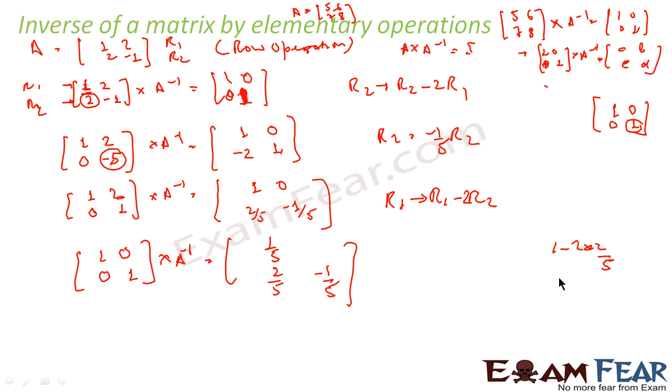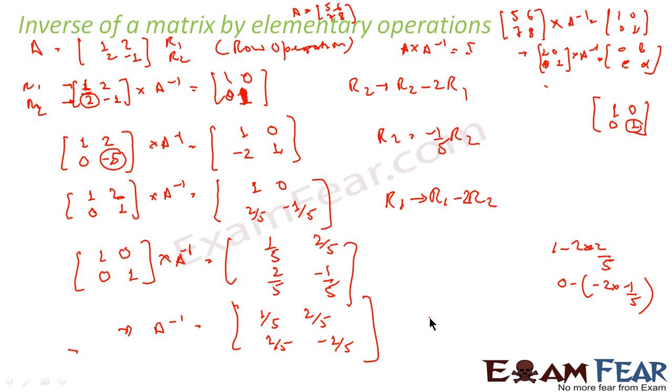Similarly, this guy becomes 0 minus 2 into minus 1 by 5, so that becomes 2 by 5. So that means what I get is A inverse is nothing but 1 by 5, 2 by 5, 2 by 5, minus 1. And that is my answer.